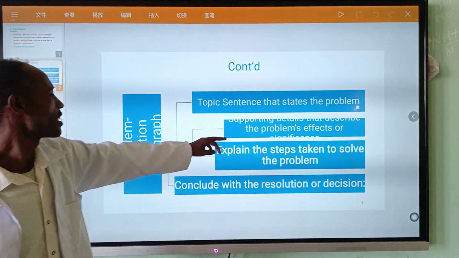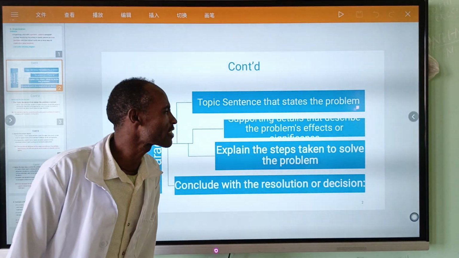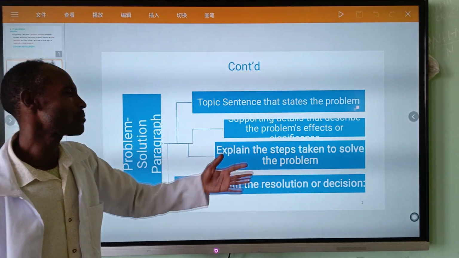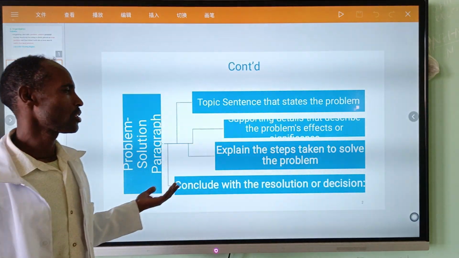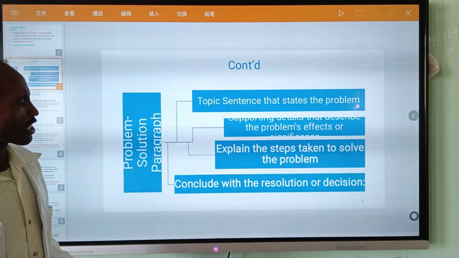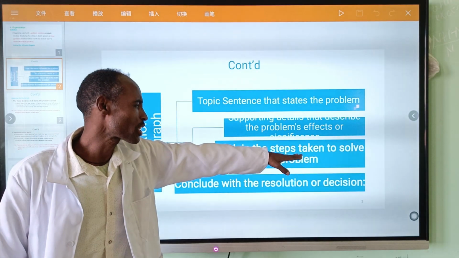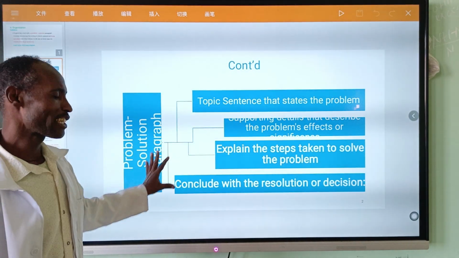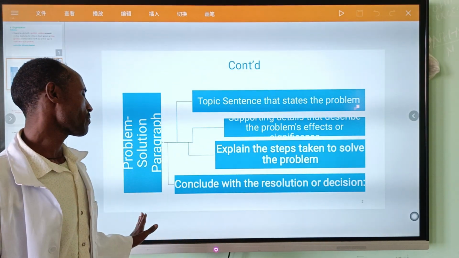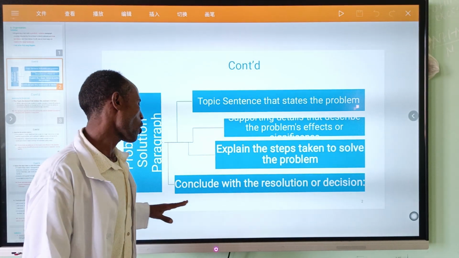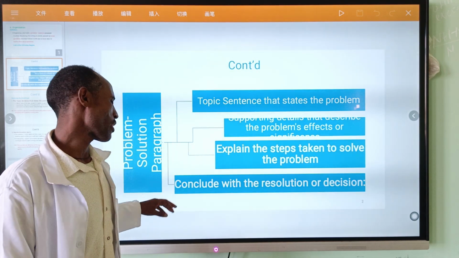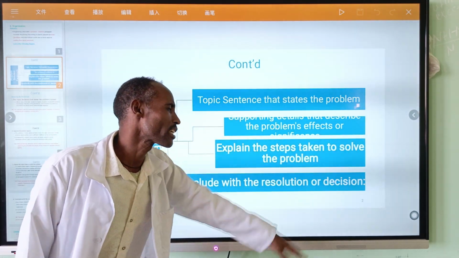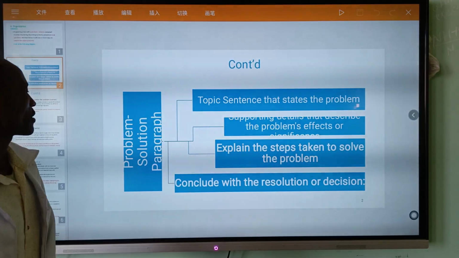The second is supporting details that describe the problem and its effect or significance. The third is explaining the steps taken to solve the problem. And the problem solution paragraph ends with conclusive statements, particularly concluding with the resolution or decision.